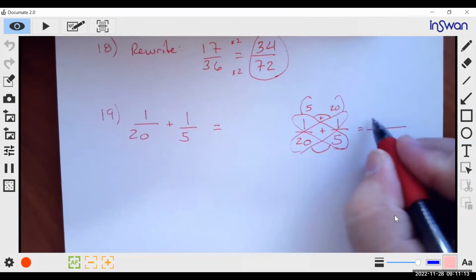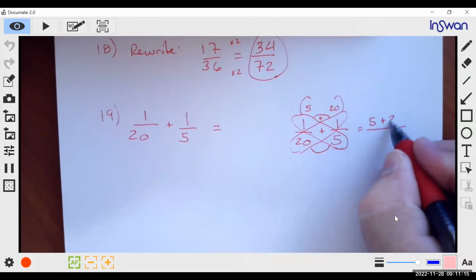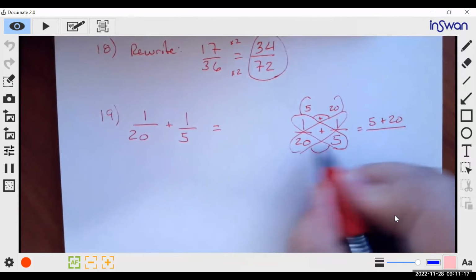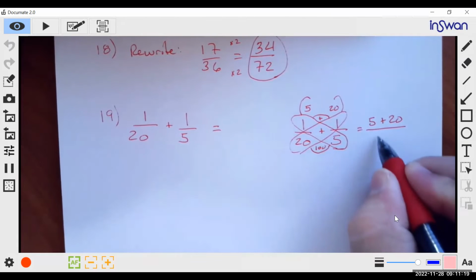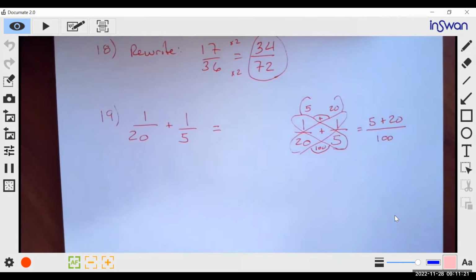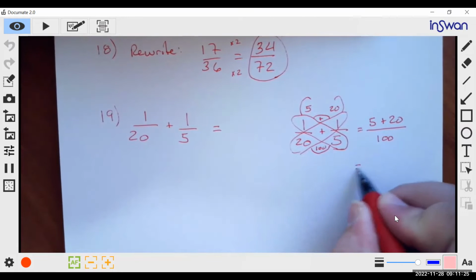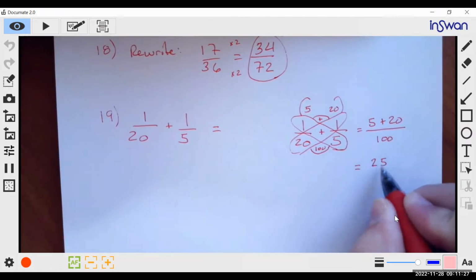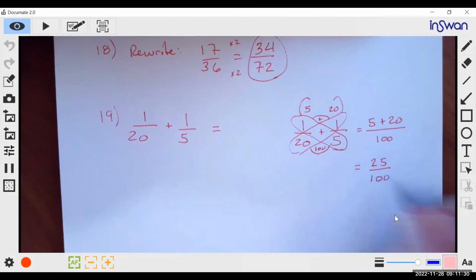So on top I have 5 plus 20. 20 times 5 is 100. So 25 over 100.